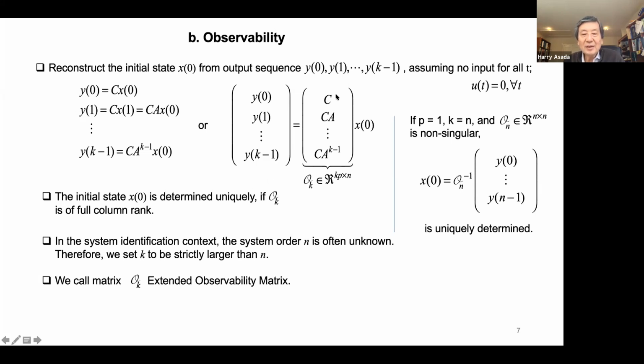So this observability matrix is not exactly the observability matrix where k equals n, but we extend it. So it's called the extended observability matrix. That's not a major issue, but it is important in the context of system identification because we don't know n exactly.